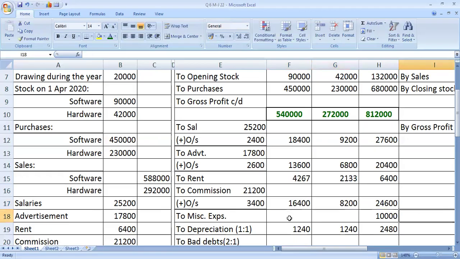Miscellaneous expenses also distributed in the ratio 2:1. 6,666.66 means round up 6,667. 10,000 minus 6,667 equal to 3,333.